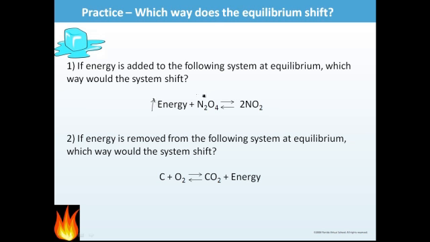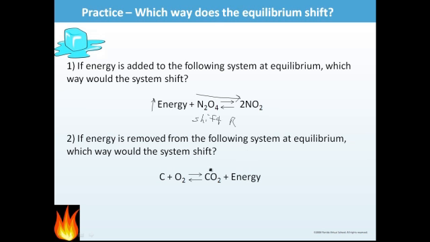That means it's going to shift away, so it's going to shift to the right. Okay, same principle that we use with concentration. If you increase, it's got to shift away so it can react and remove what we just added, basically, or at least a portion of it to reestablish equilibrium.